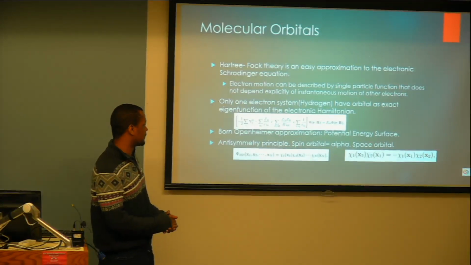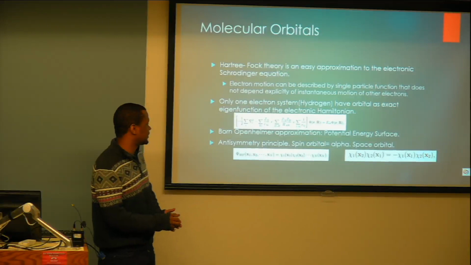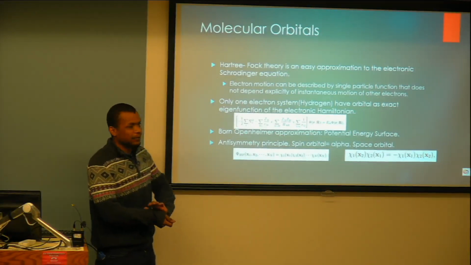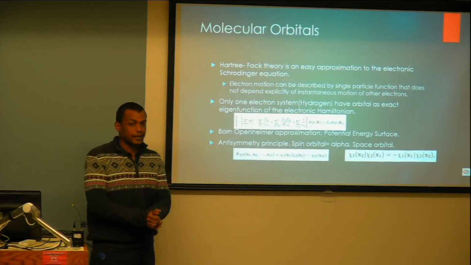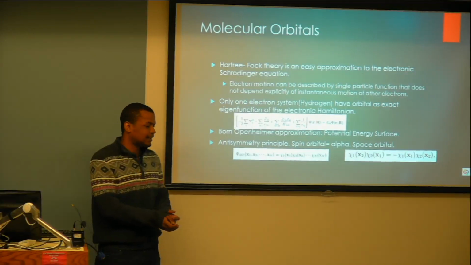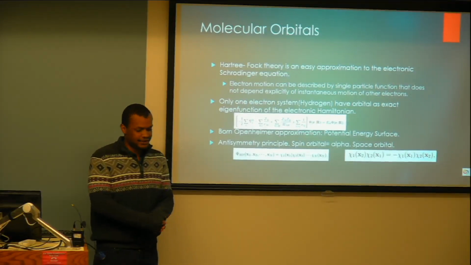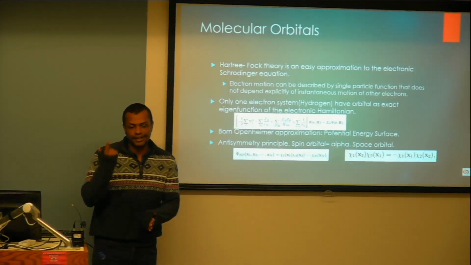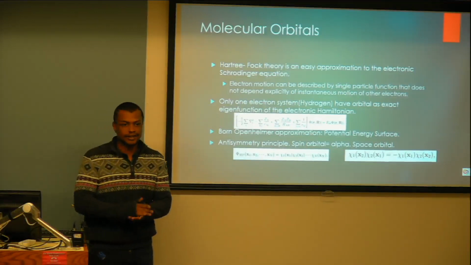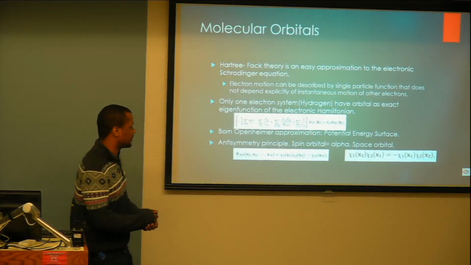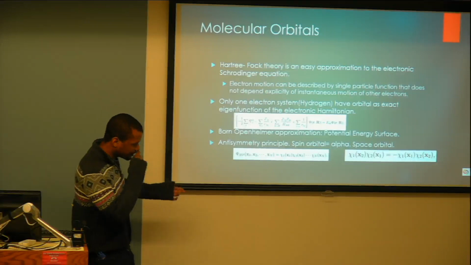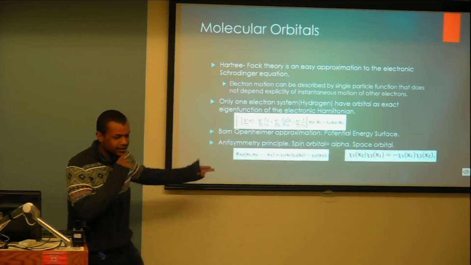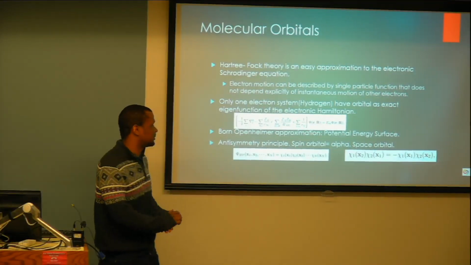The problem with that was that it didn't satisfy the anti-symmetry principle, which introduces the spin concept, the projection of the angular momentum on the z-axis. So we have to satisfy this anti-symmetry principle.